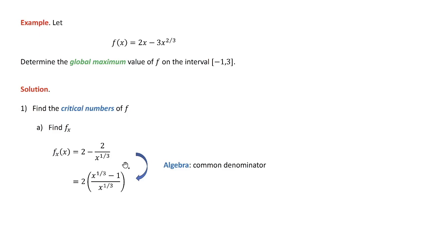If I'm looking for zeros or undefined, this is a better form. They're algebraically equivalent, but you shouldn't look at it as one is right or one is wrong. They're just different forms, they have pros and cons. One form is better for one application, a different version is better for a different application. So if I was taking the second derivative, I prefer this form. If I'm going to look for zeros and undefined, I prefer this form. That's all I'm doing.